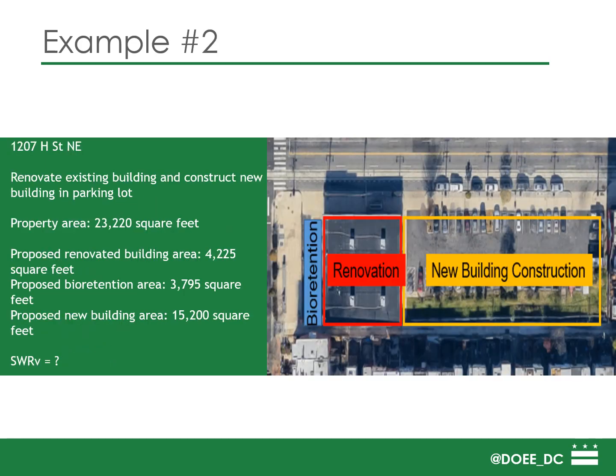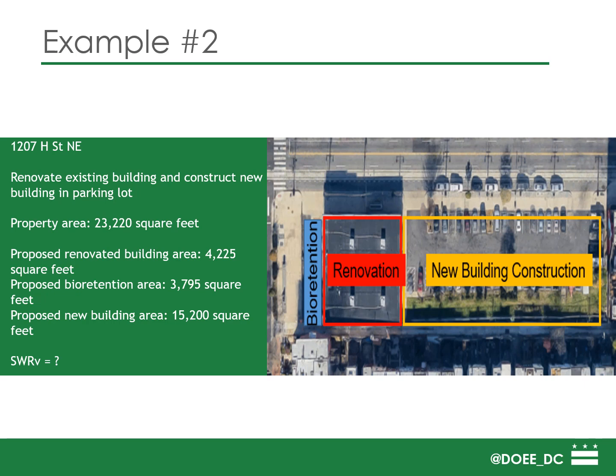Looking at another example here that's a bit more complicated, we have an existing building here outlined in red that's going to be renovated. And then there's also a parking lot and grass area next to it that's going to be developed into a new building. And then to meet the stormwater regulations, they're going to install a bioretention here to the left of the renovated building.